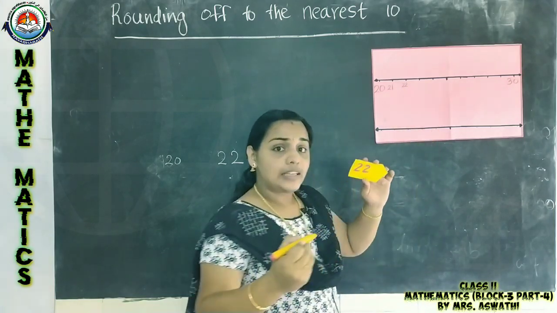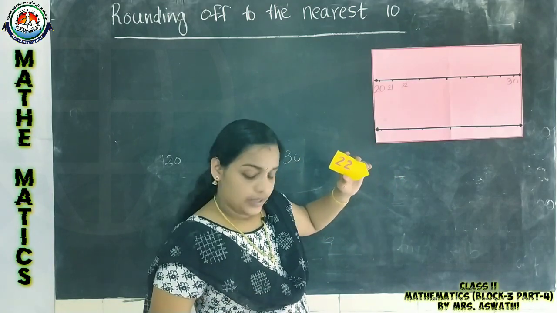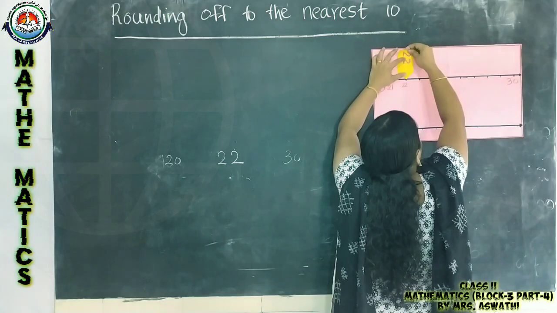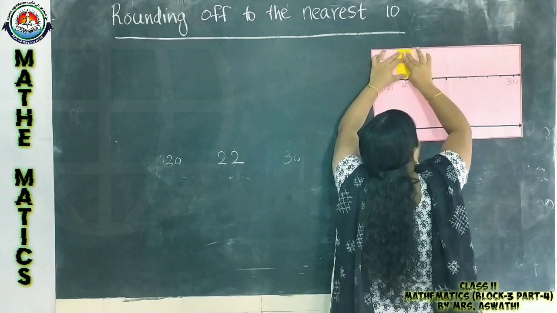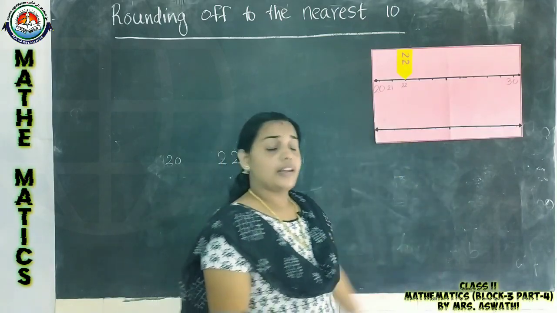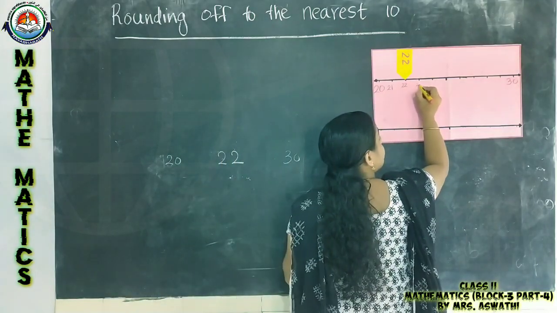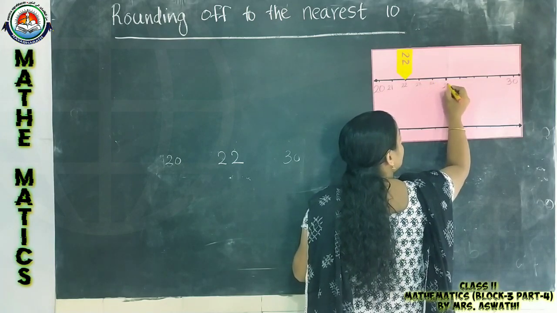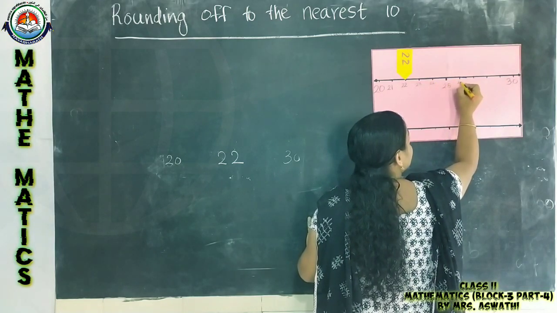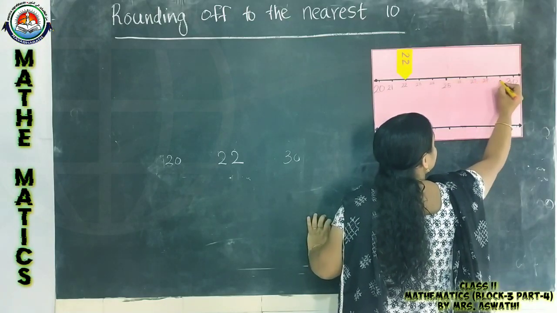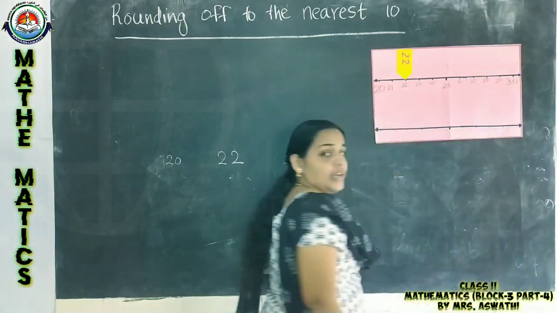Yes, we can fix it here from this flashcard. We can write the other numbers: 23, 24, 25, 26, 27, 28, 29.